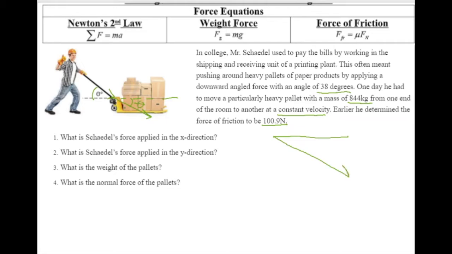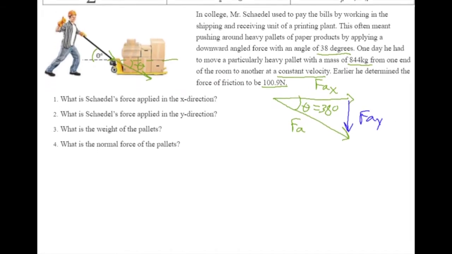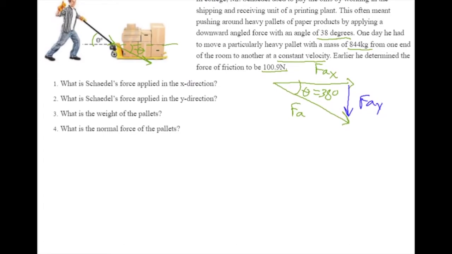Here's our downward applied force, here's our angle, which we know is 38 degrees, and then this is the x component of our applied force, or Fax, and this one is our y component, or Fay. The question is asking us to figure out what the x component of that applied force is. Piece of cake.